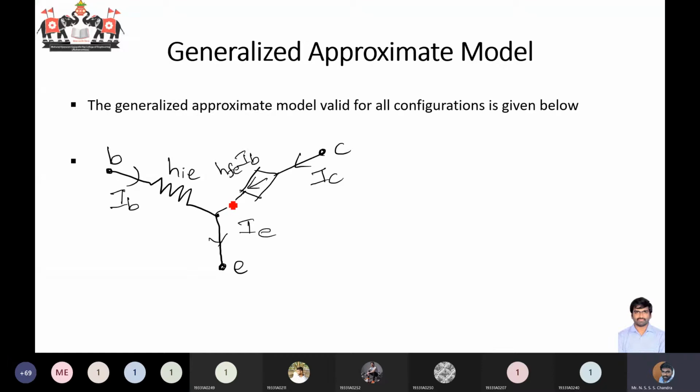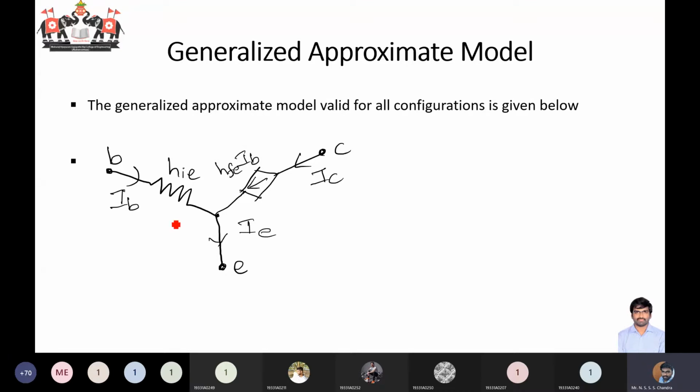Now based upon which type of configuration we require, we may connect the terminals. So if we require a common emitter transistor, we'll give the input signal between the nodes base and emitter, and take the output between the nodes collector and emitter.